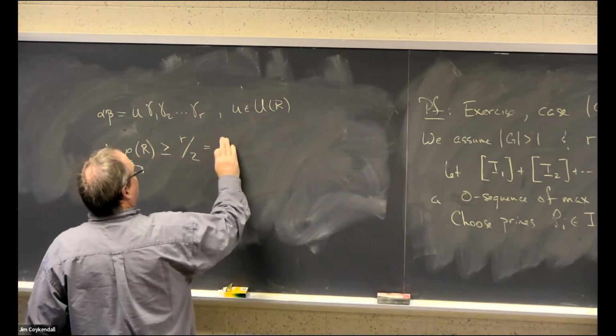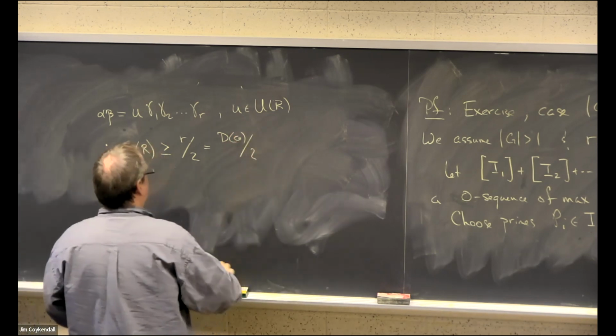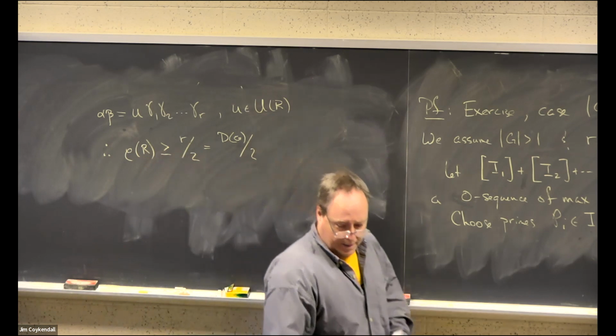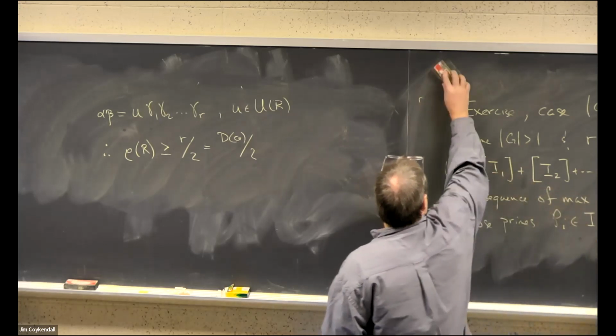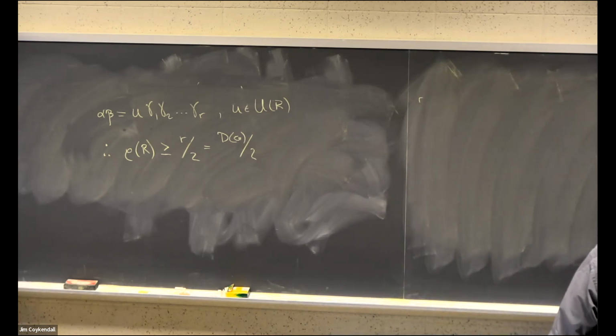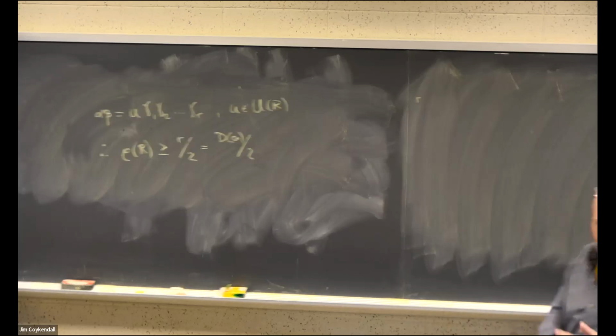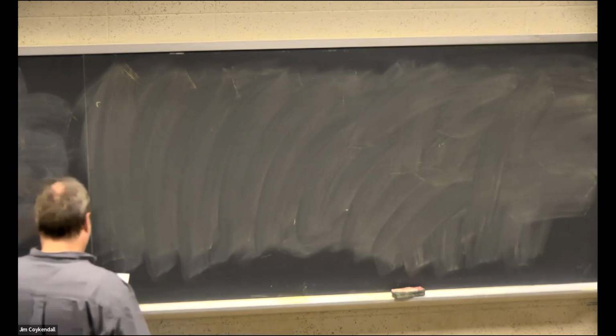So that's one part of the argument, that the elasticity needs to be at least the Davenport constant over 2. How about the other direction, or the other part of the inequality? This is the slightly tougher part of the argument, I think, but it's not too bad.